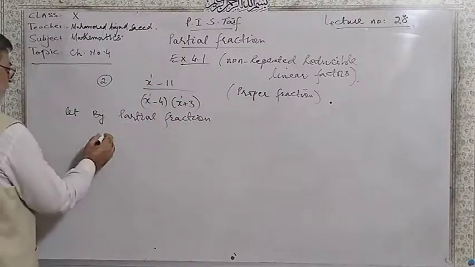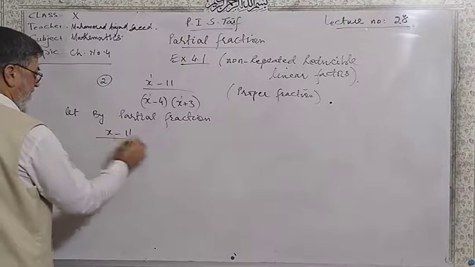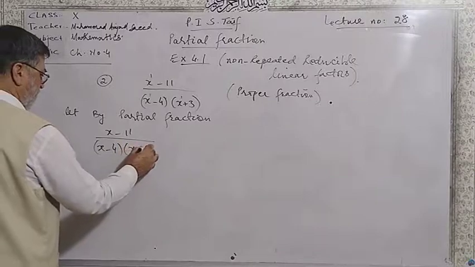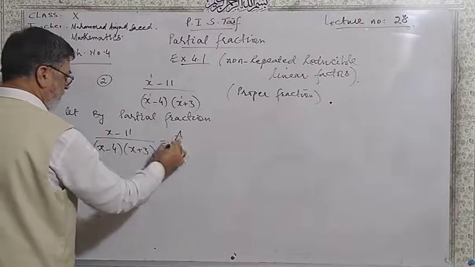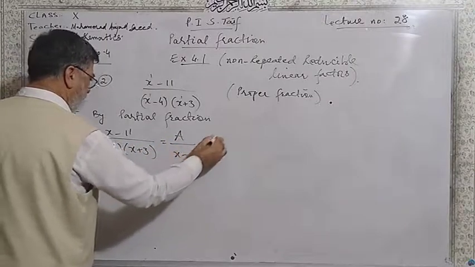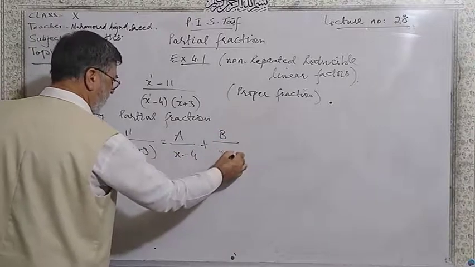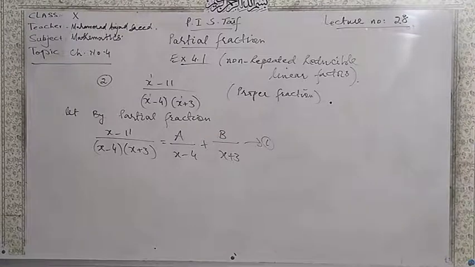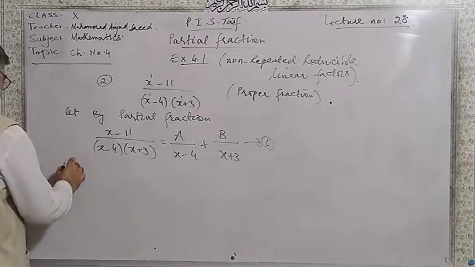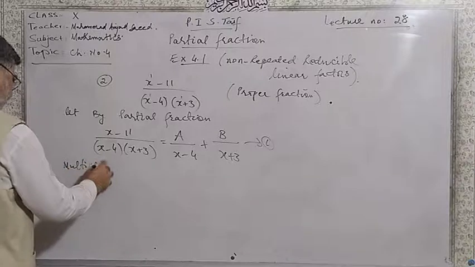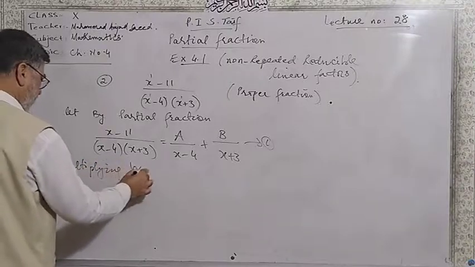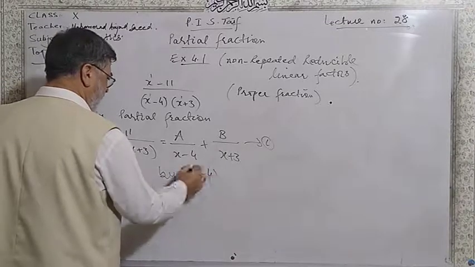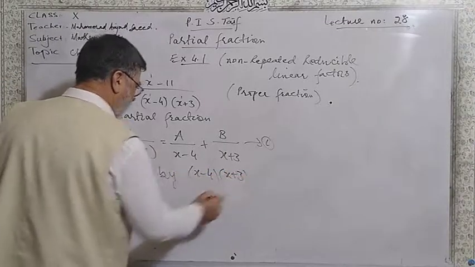So let by partial fraction x minus 11 over x minus 4 times x plus 3 equal to A over x minus 4 plus B over x plus 3. This is your equation number 1. Multiplying both sides by LCM, here is x minus 4 times x plus 3.